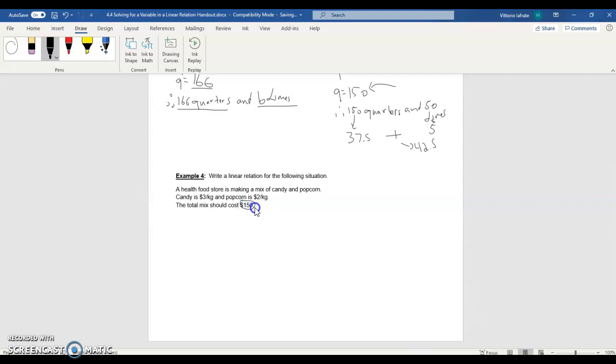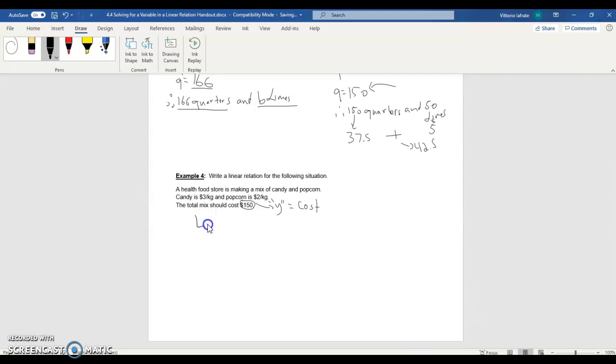So this $1.50 here, that's really our Y, so to speak. It's our total cost. We're not going to write it as Y because we have it already, but that's really what that is there. So let's define some variables.